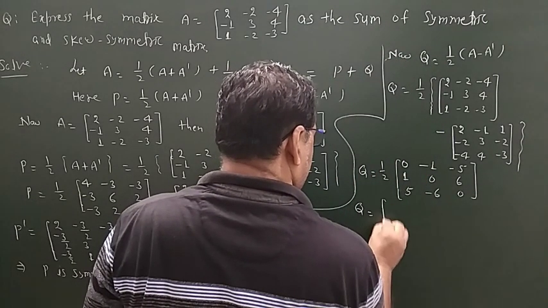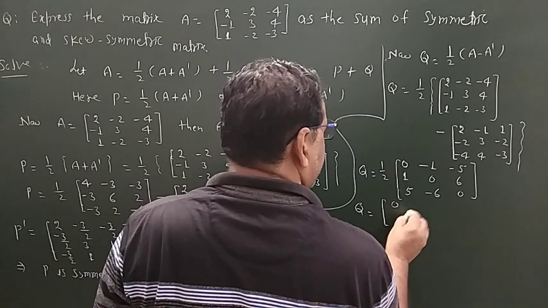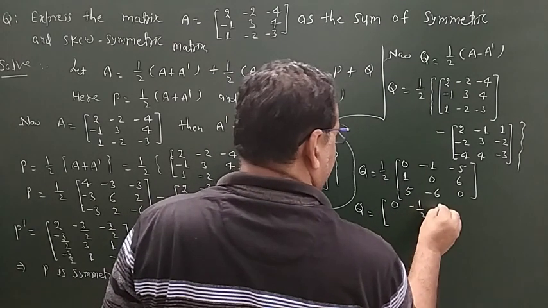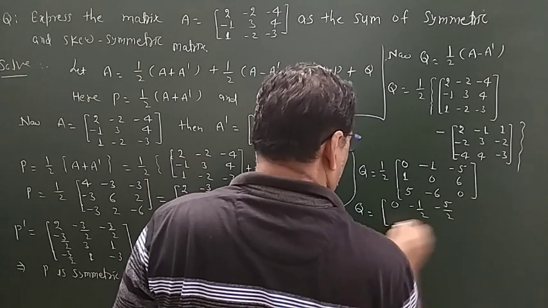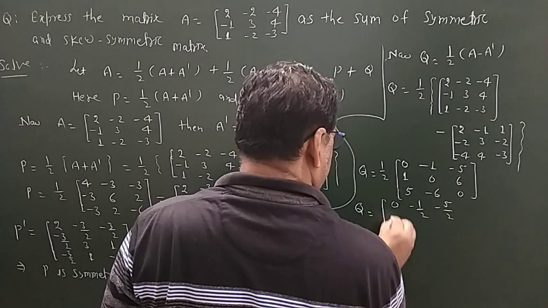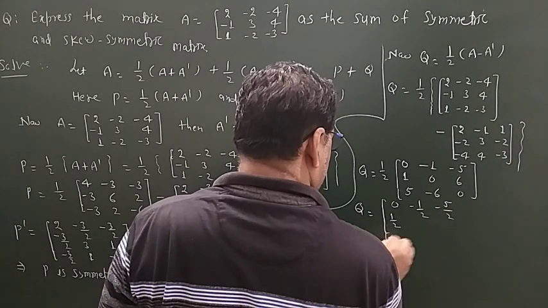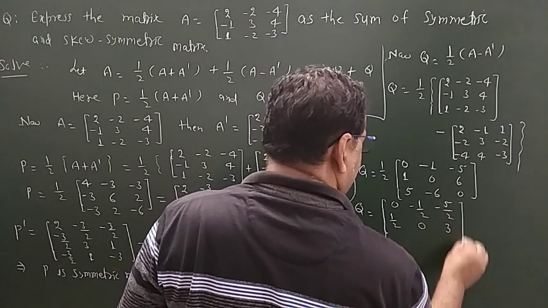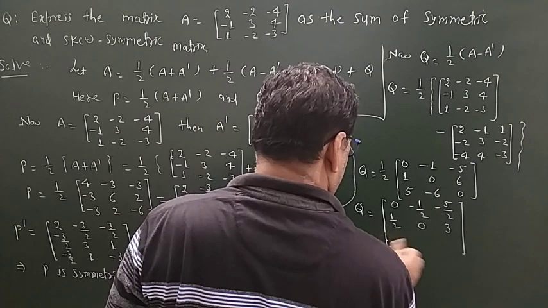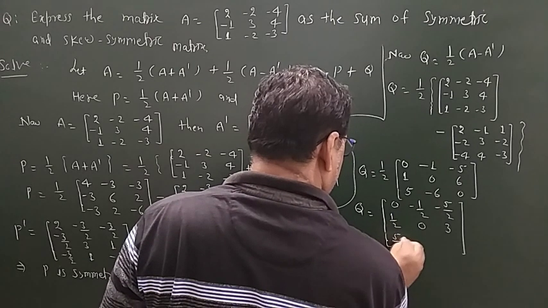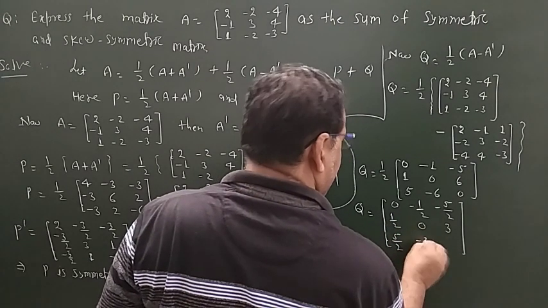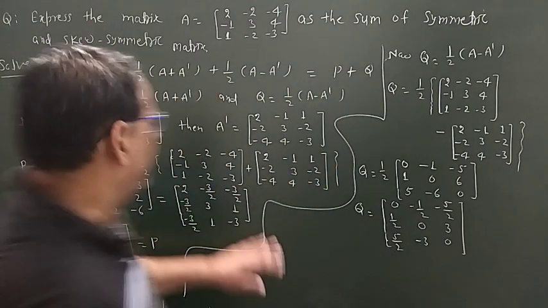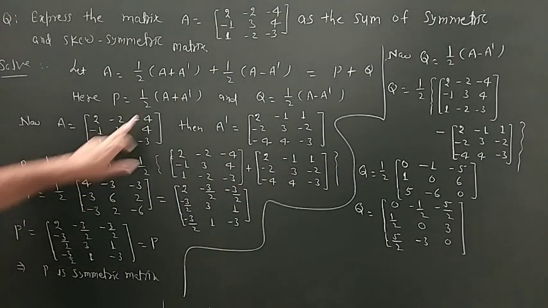Q equal to divide by 2 again, so 0, -half, -5 by 2. Next step, 1 by 2, 0, 3, 5 by 2 here, -3, 0.